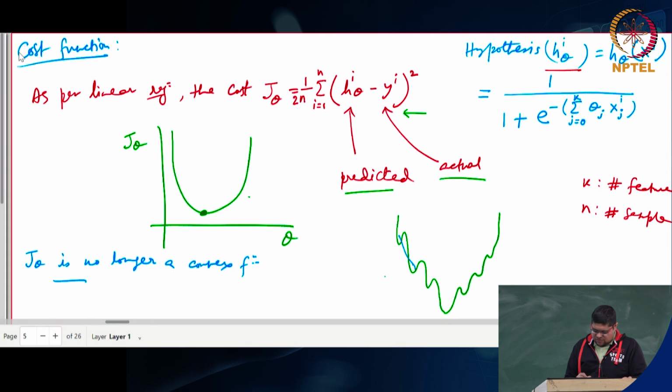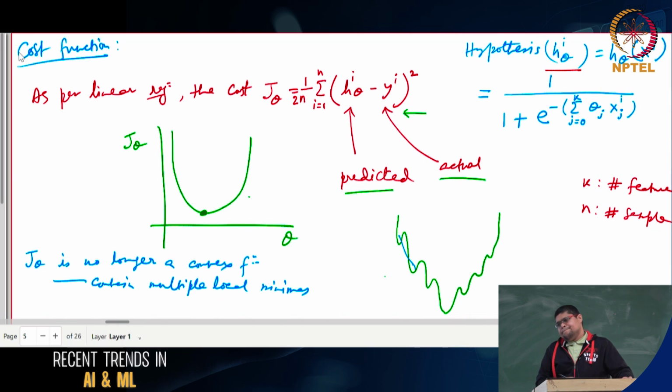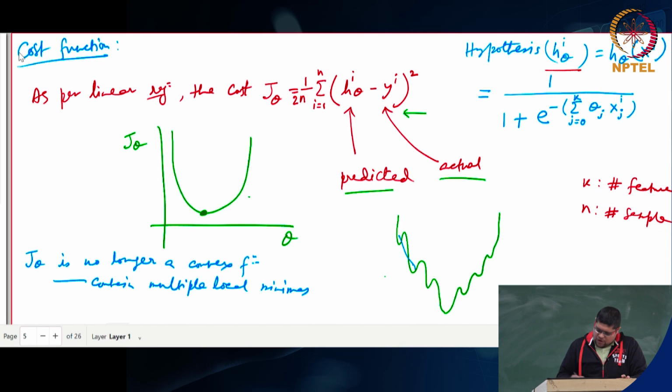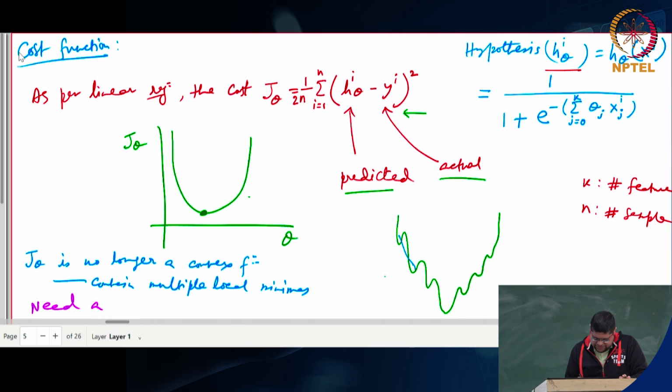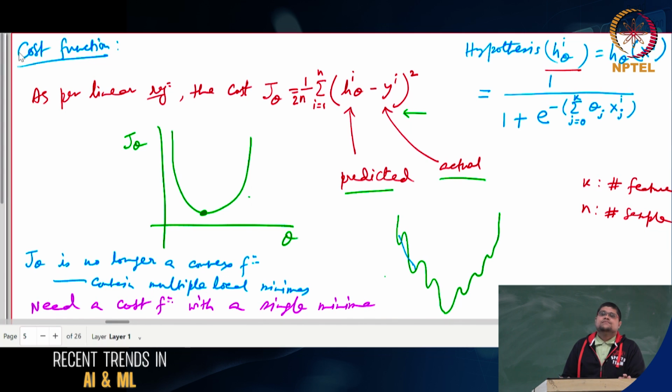Why is it not convex? Because it contains multiple local minima. So what we need is a cost function with a single minimum.